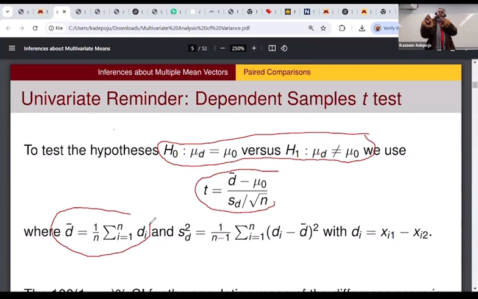Imagine you're trying to investigate the effectiveness of maybe a physical therapy program on the performance of an athlete, and you want to consider before and after the therapy. What do you want to measure?